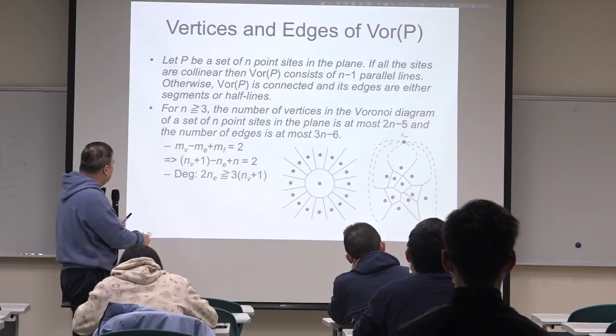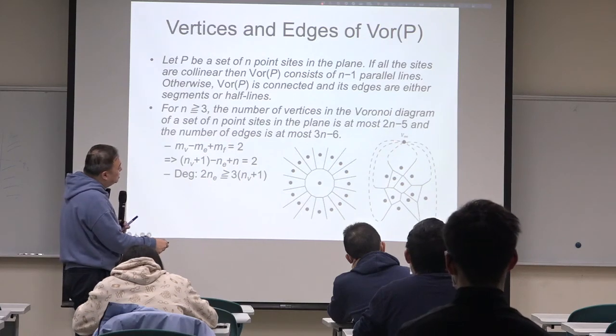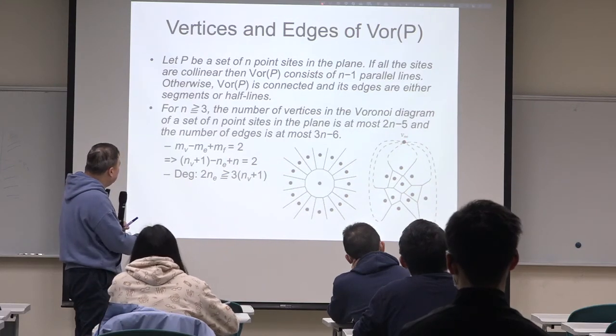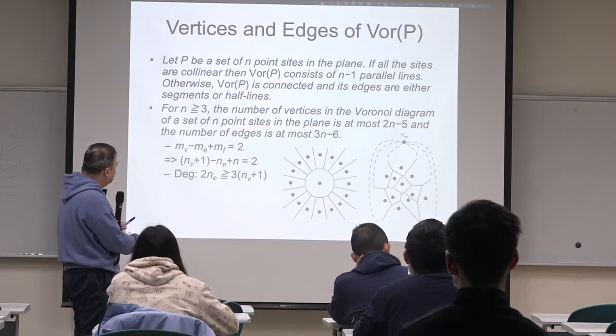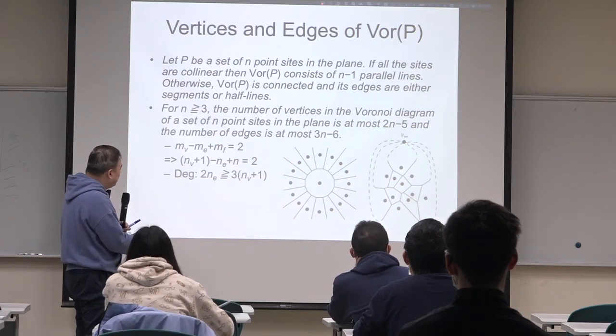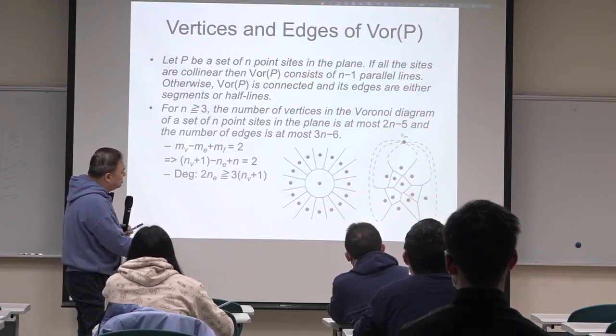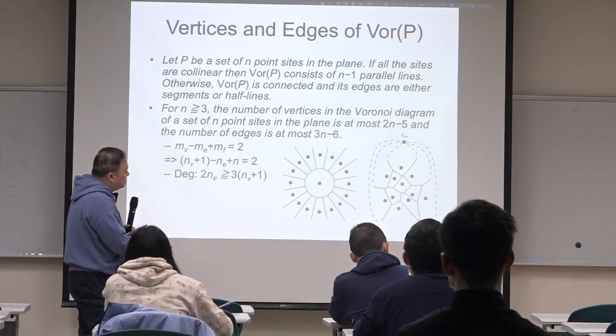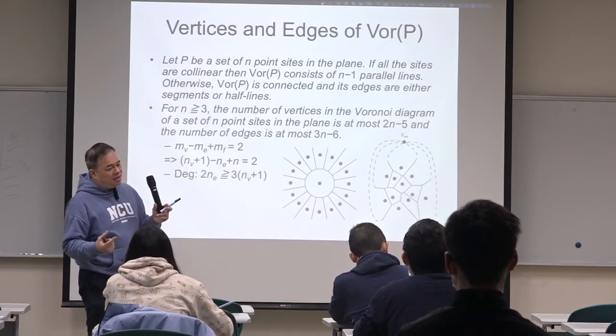Introducing this vertex doesn't add any more edges, right? So NE will be the same. The number of edges will remain the same. As for the number of faces, each face is a space that is surrounded by edges, right?